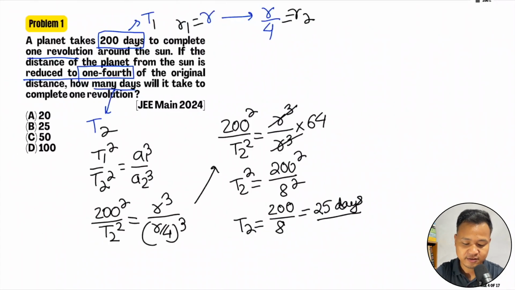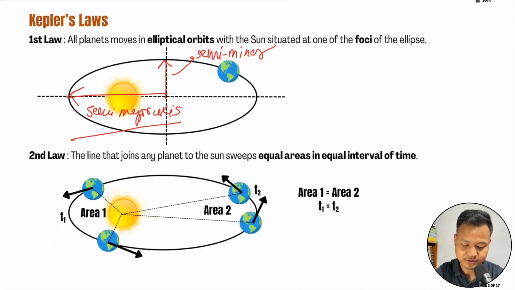So here's the first law. Second law: to go from here to here, like the distance compare, the areas are equal.